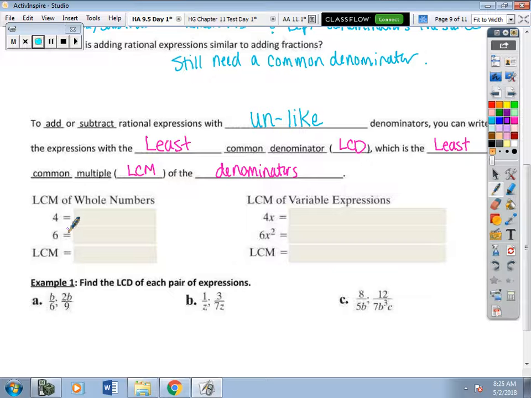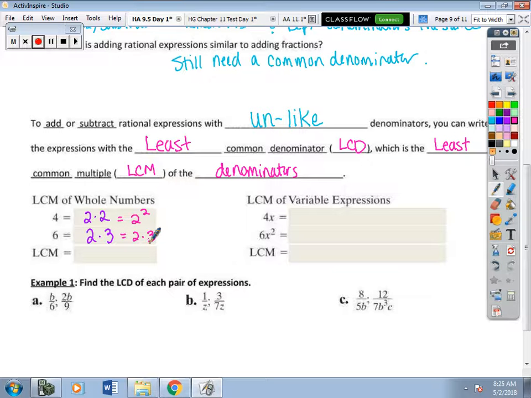But the way to actually find it if the numbers were larger is you would do what's called the prime factorization of each number. So you break this down into 2 times 2, and you would break this down into 2 times 3. And then usually you'll rewrite it in exponential form, so this would be 2 squared. This would just be 2 times 3.